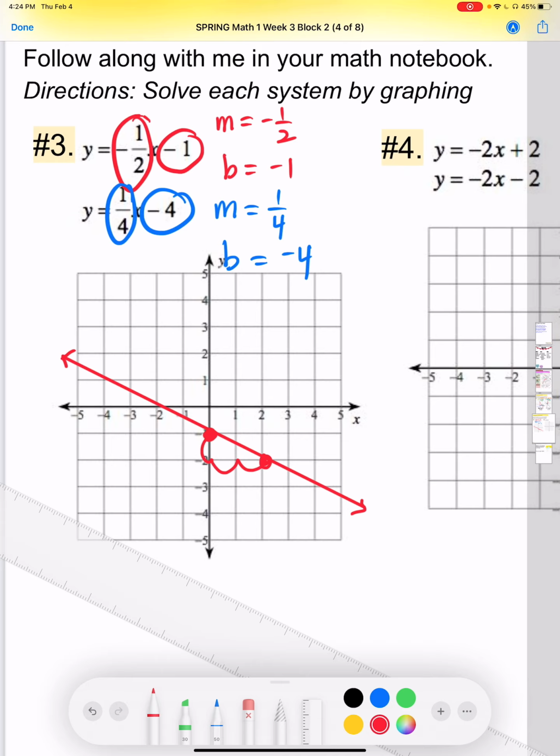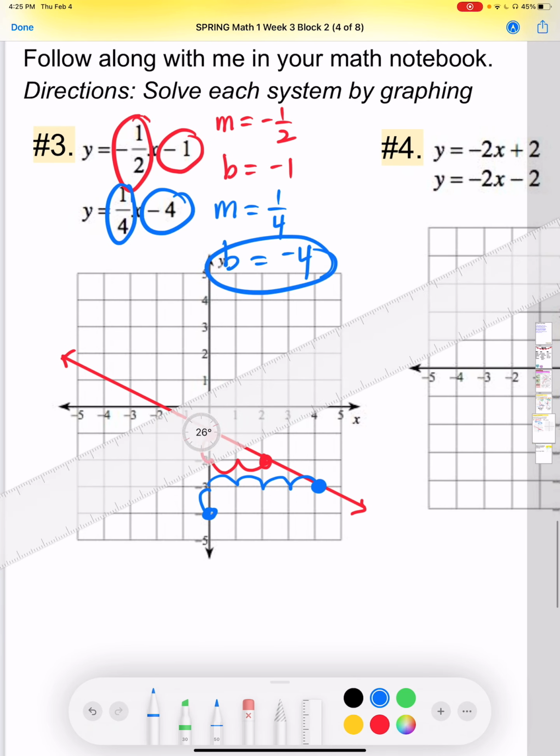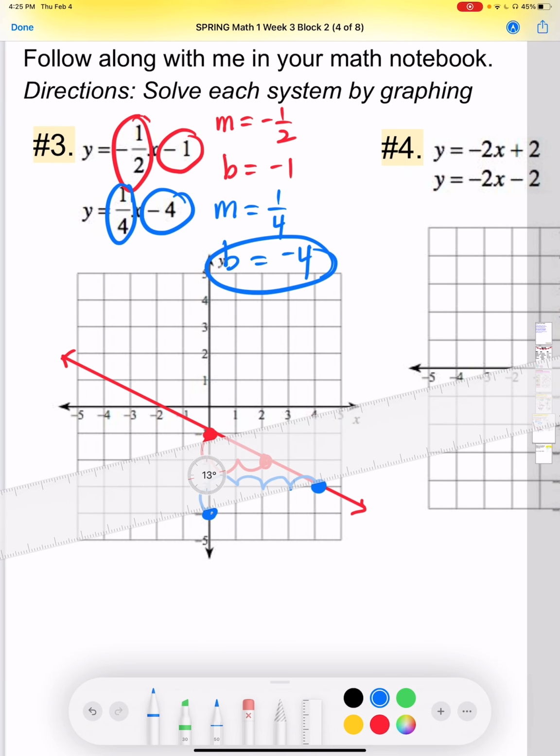All right, do the same thing for your second one. So start off at your y-intercept. Mine is -4. Then I'm going to go up 1 and over 4. So 1, 2, 3, 4. Okay, I'm going to connect the coordinates. Connect my 2 points together.